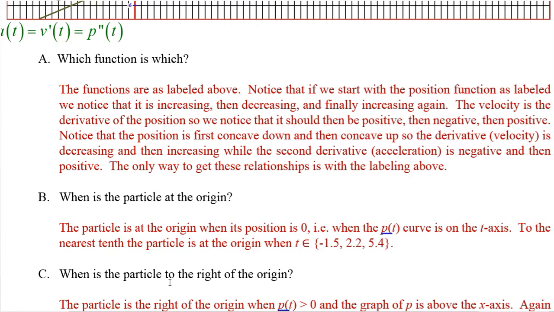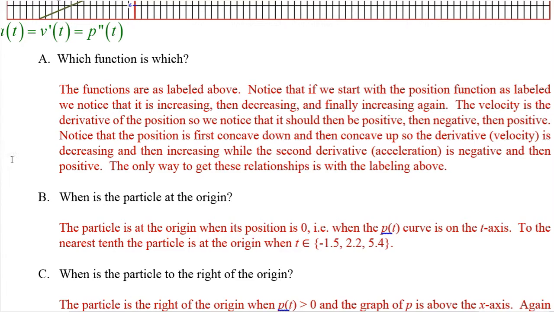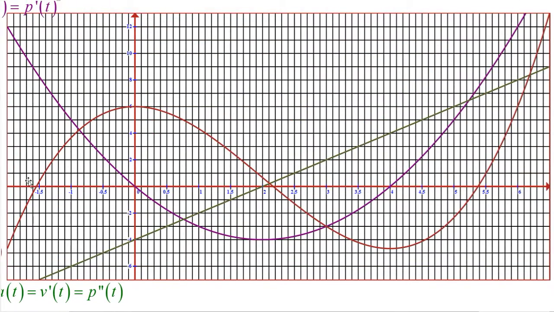When is the particle to the right of the origin? The particle is to the right of the origin when the position is positive. So between here and here, where the graph is above the x-axis, is when the particle is to the right of the origin.